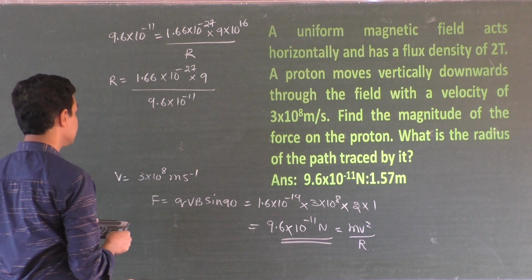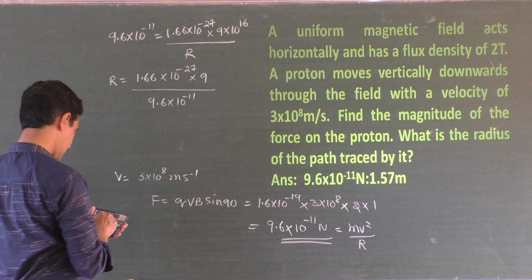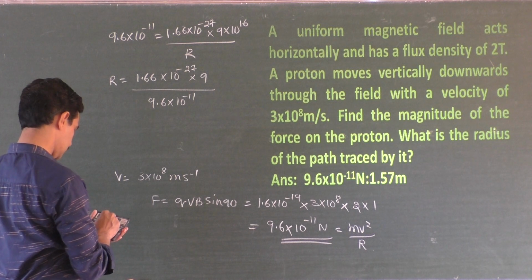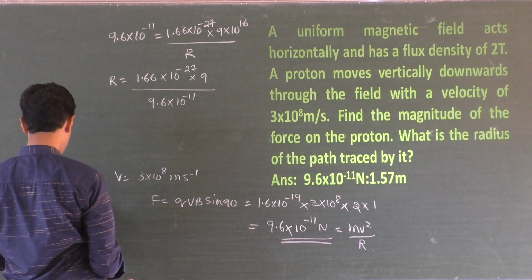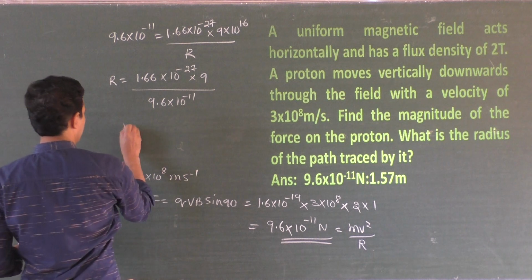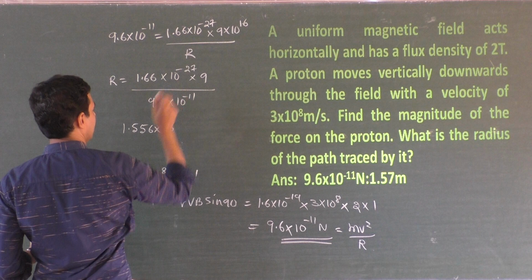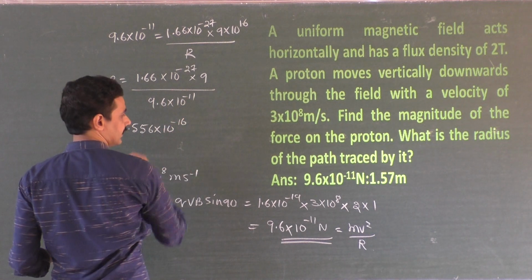We will do that since it is a theory problem. 1.66 divided by 9.6 into 9, the answer is 1.556.